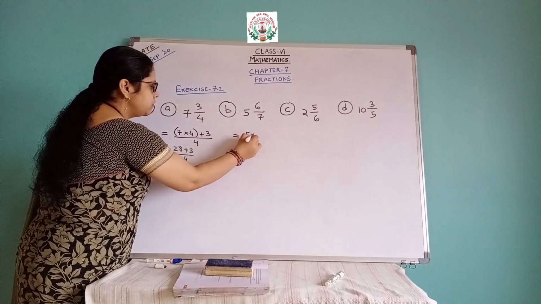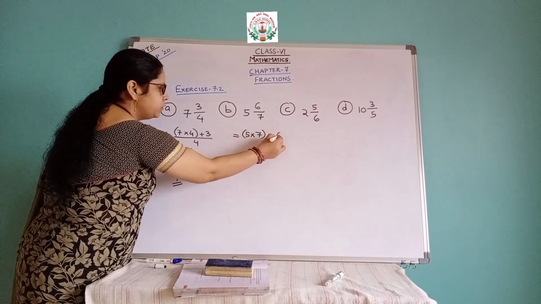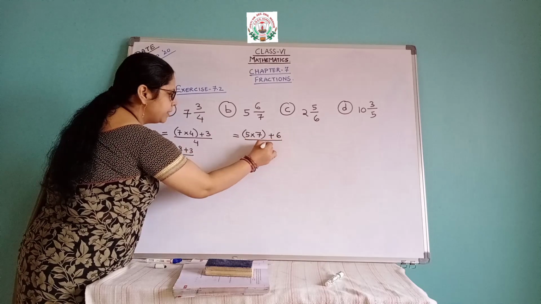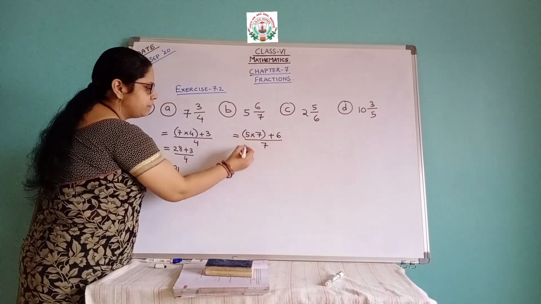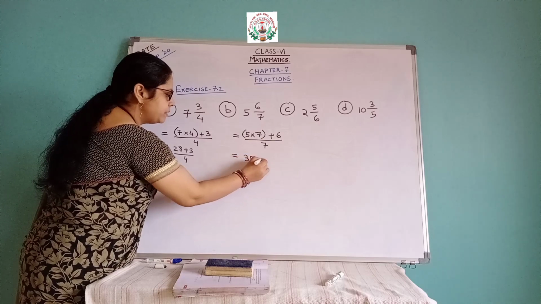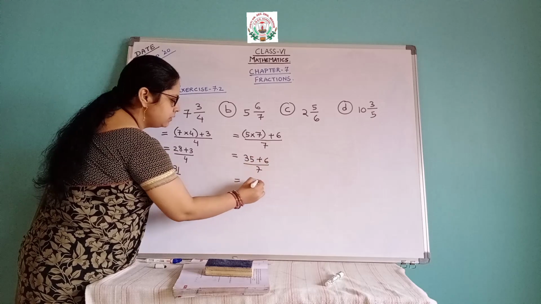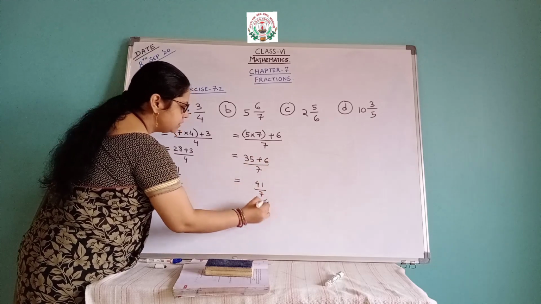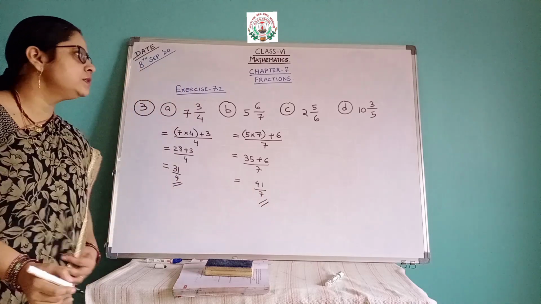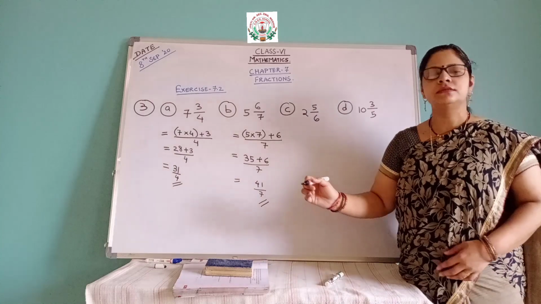Here 5 into 7, and to that answer you add the numerator, and the whole is divided by 7, the same denominator. 7 5s are 35 plus 6, so 41 by 7 is the answer. Next, 2 5 by 6.